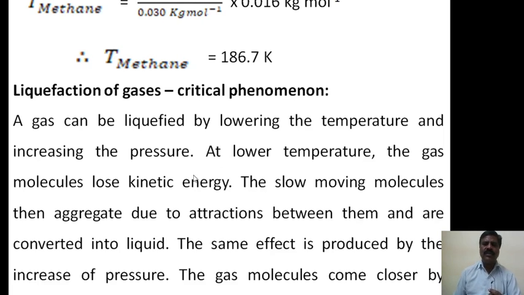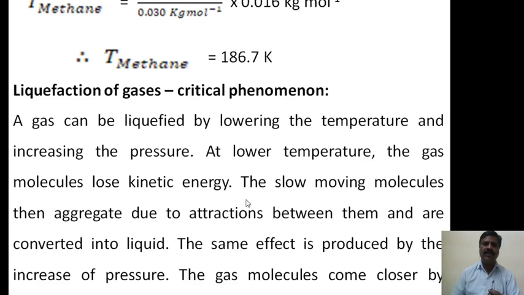Again, increasing the pressure means applying pressure, and the molecules try to come close to each other. Therefore, we say the slow moving molecules then aggregate due to the attraction between them and are converted into liquid.